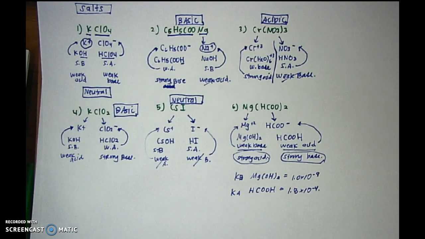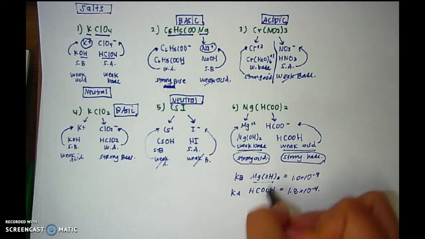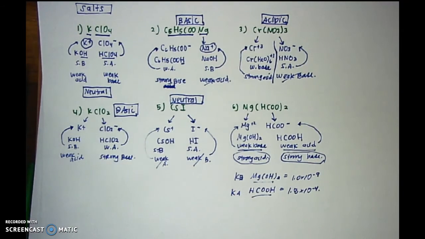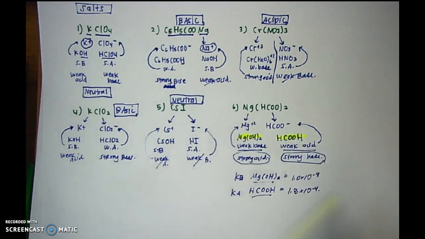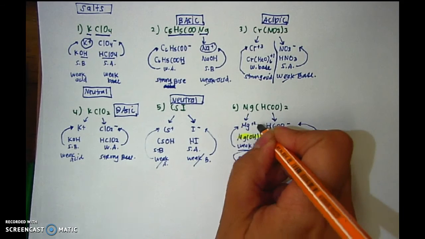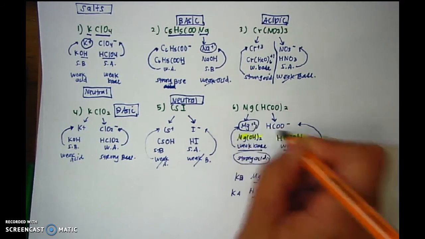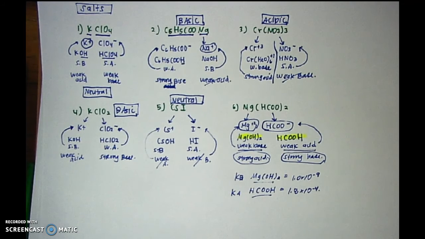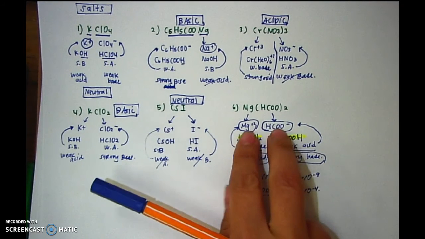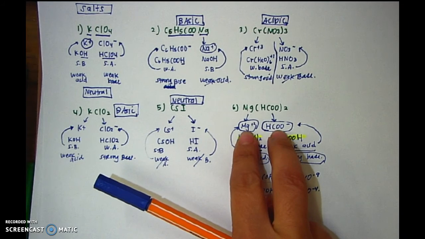So remember here that what is given to you in the problem is for the magnesium hydroxide and the formic acid. But you actually need to figure out what the Kb and the Ka would be for the actual ions that the salt is going to break up into, right? So we're not trying to look at the conjugate acids or the conjugate bases, but I just want to see what the Kb's and the Ka's are here.